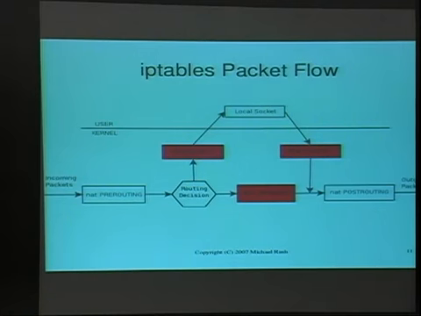So conceptually, if you think about how iptables interacts with packets in the kernel, this is a very basic diagram. There's lots of things that are not depicted here, but basically the three red boxes are the input, output, and forward chains that are available in the filter table. All three of these chains are interacted with after a routing decision is made by the kernel. So the kernel says, okay, I've got a packet off an interface.